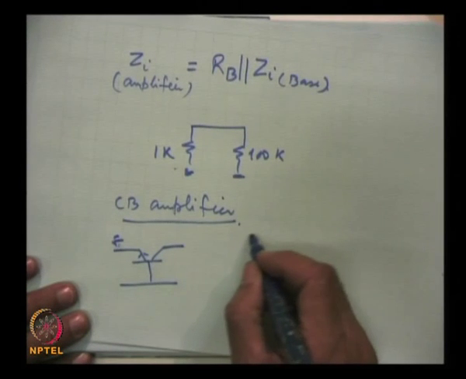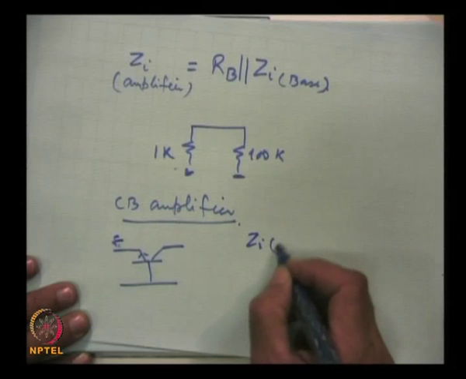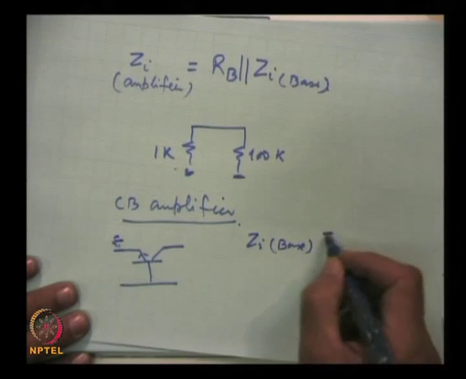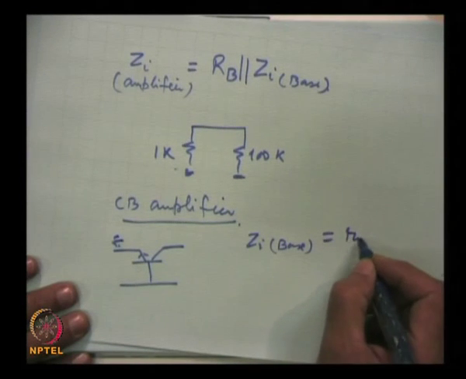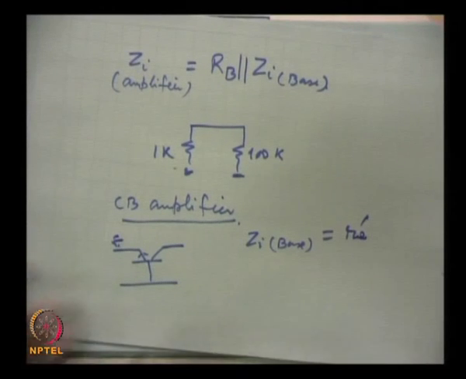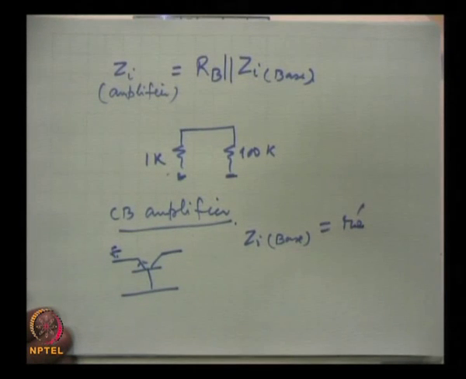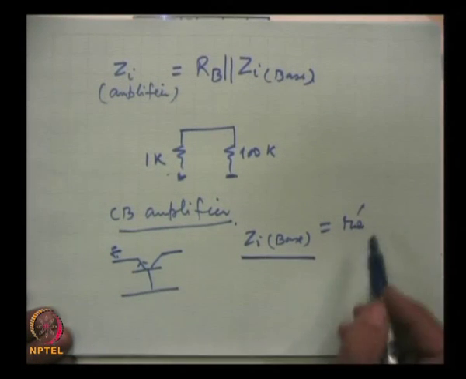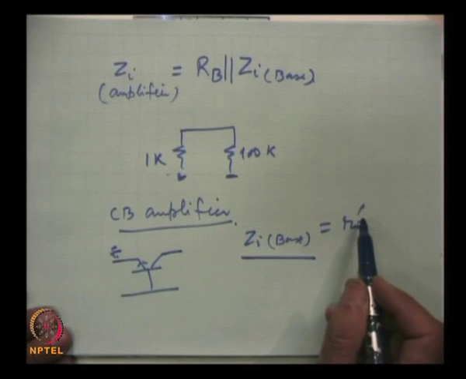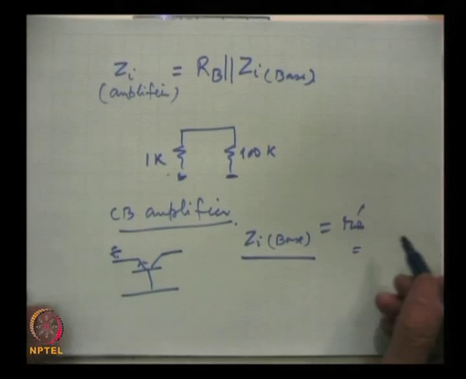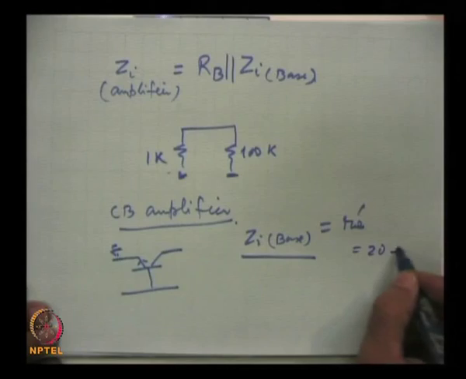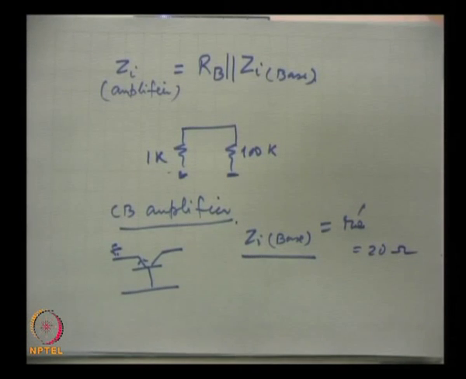The input impedance Z I base is simply R E prime, the dynamic emitter resistance. I am telling you now a very finer point, and you must listen carefully. This in common base is simply R E prime, and this is equal to say 20, 30, 40 ohms.